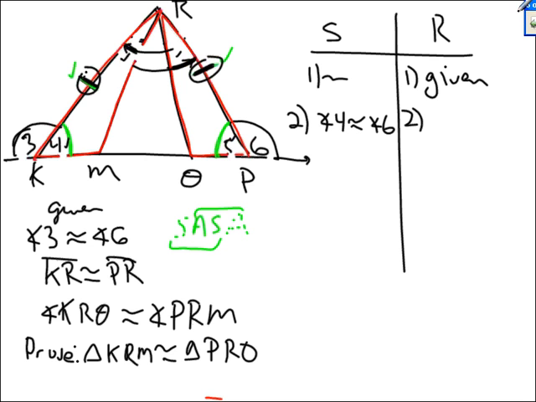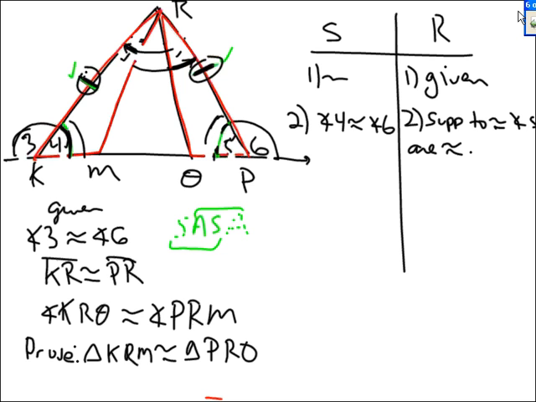And the reason is supplements to congruent angles are congruent. 3 and 6 are congruent angles, and 4 and 5 are supplementary to them, so they're equal. Okay, so now I do have 4 and 5. Let's give them 2 slashes.